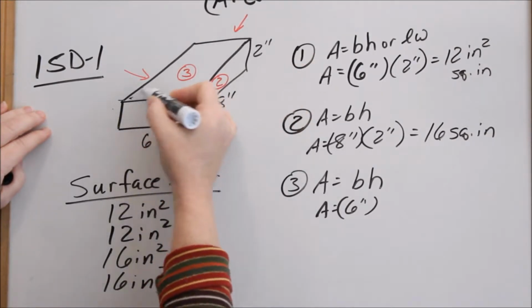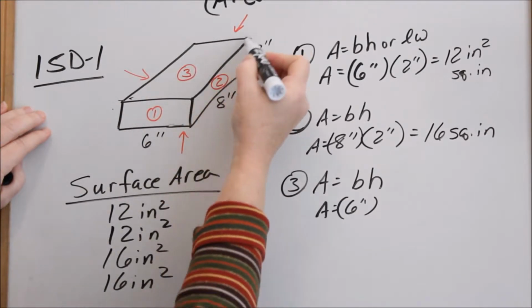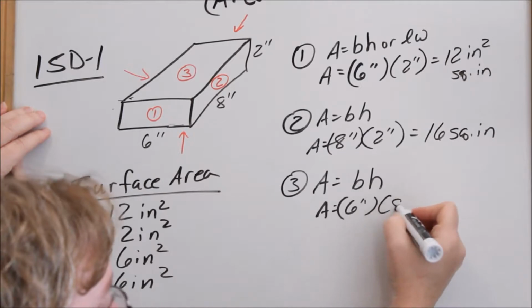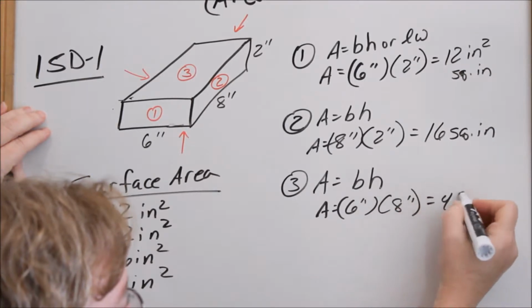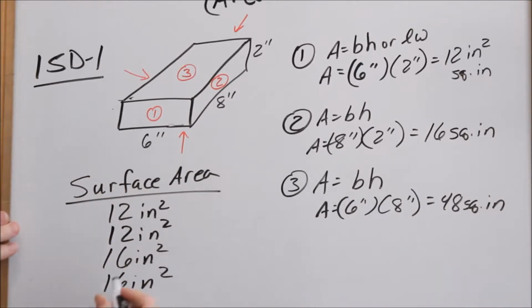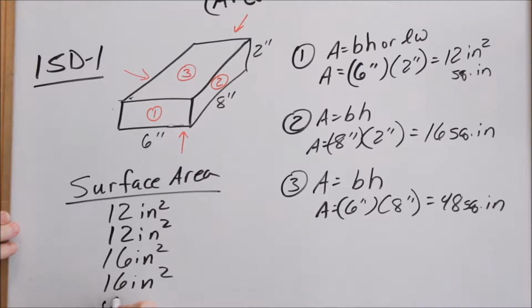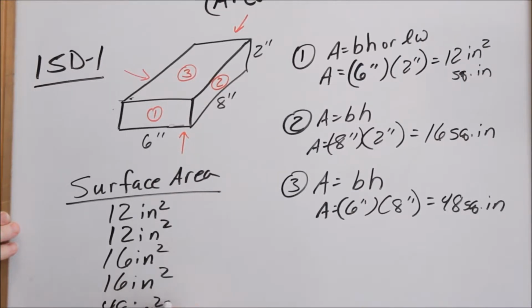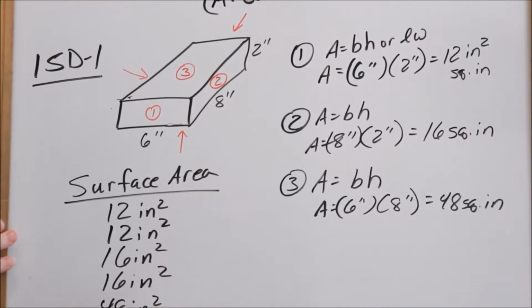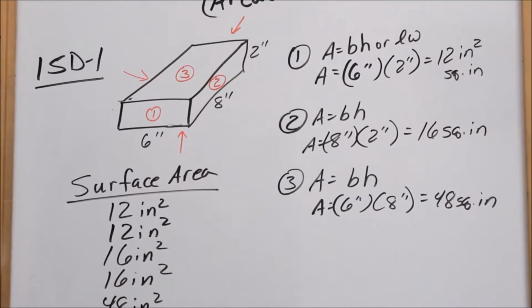That's the base and height for this rectangle number 3. So this length right here is my 8 inches. 6 times 8, 48 square inches. So the top is 48 square inches, and then the bottom is 48 square inches. So I have to add 48 square inches for the top rectangle, 48 square inches for the bottom rectangle, and then you're adding these all together.